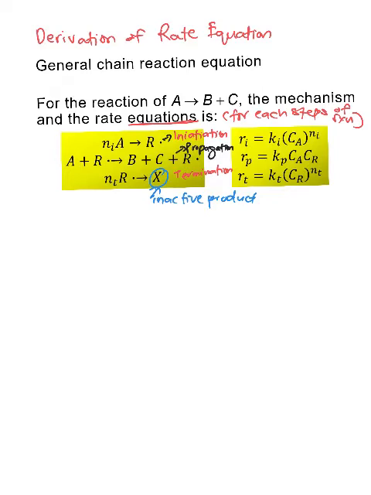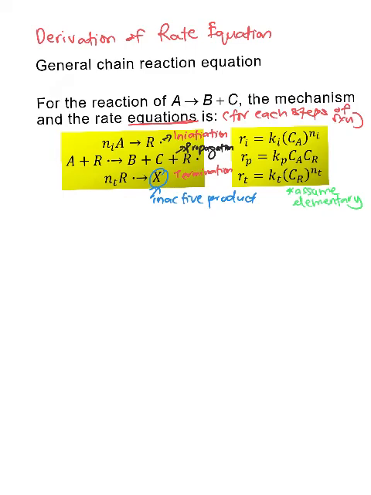And for the termination step, Rt equals Kt Cr, the concentration of radical species, power of Nt. So Nt refers to the stoichiometric coefficient of the radical species in the termination step. You can highlight here or jot down simple notes: assume elementary for each step of reaction.